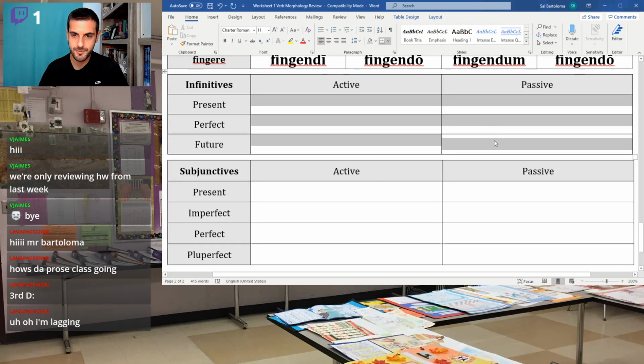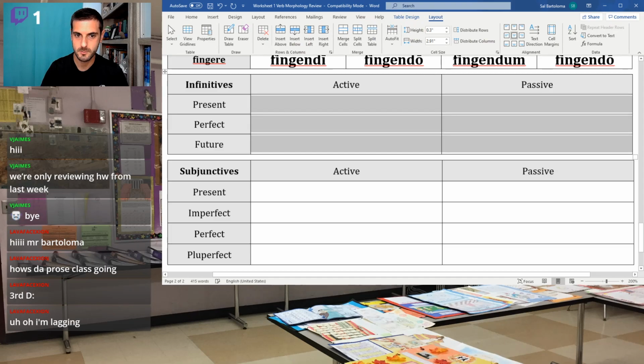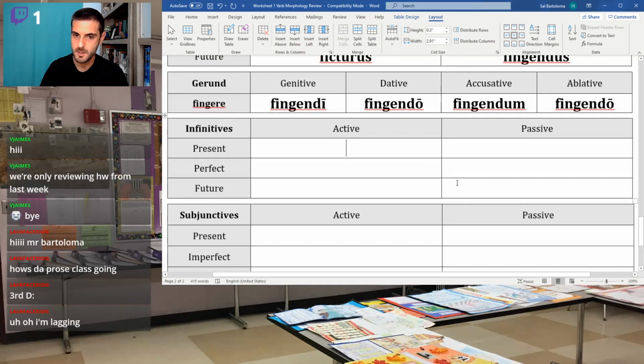We have our infinitives, which again, we use in indirect statement, which is a hugely important concept that you better believe we will review. But to make our infinitives, the first one is a freebie. Fingere. Don't have to do anything to it. The passive one would be fingi. Because it's third conjugation, the whole ere goes away. For perfect active, anything perfect active is the third principal part.